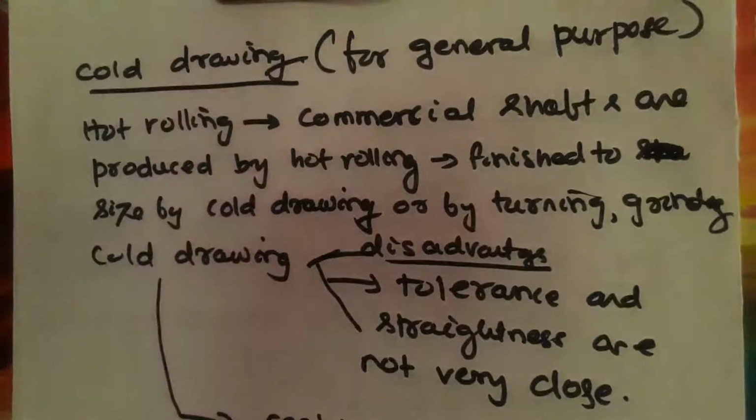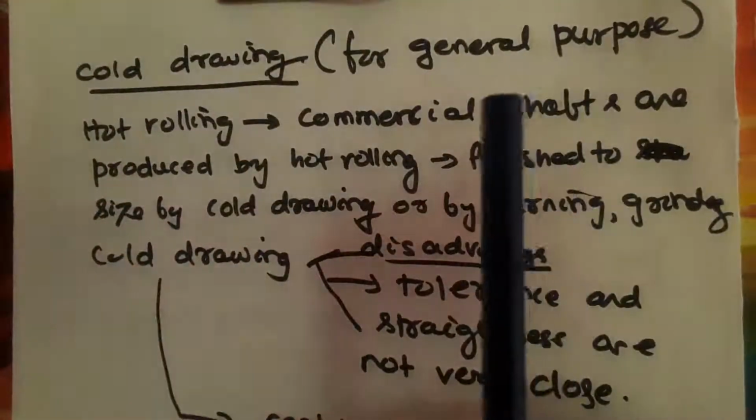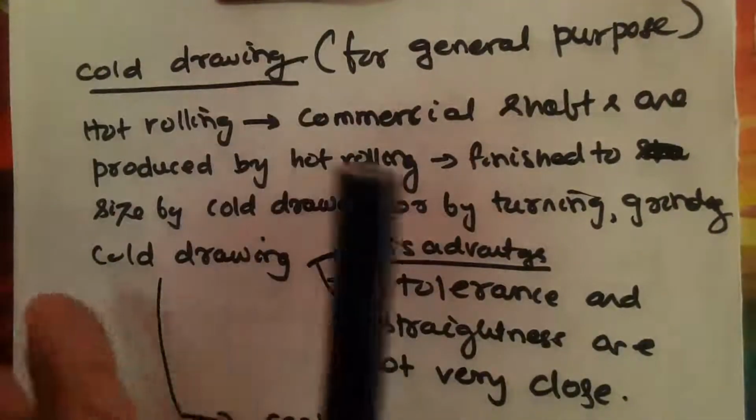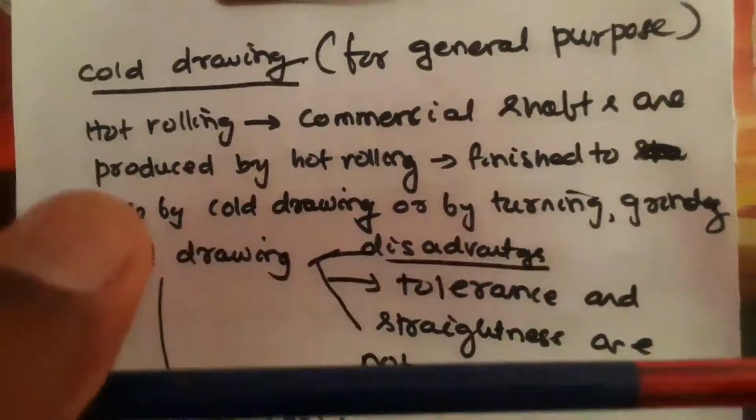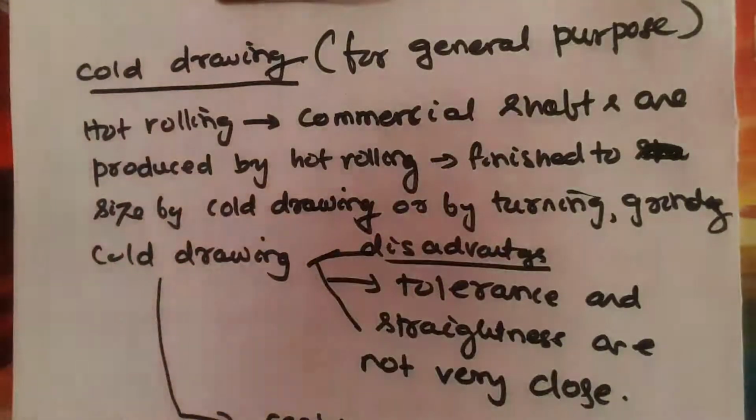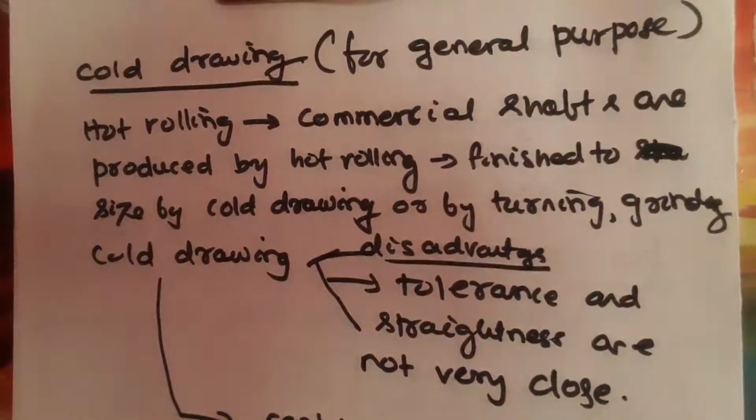In hot rolling, a shaft is rolled between two dies, forming a circular cross section, and then it is cold drawn to reduce to a particular size.